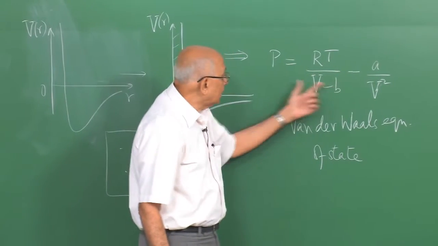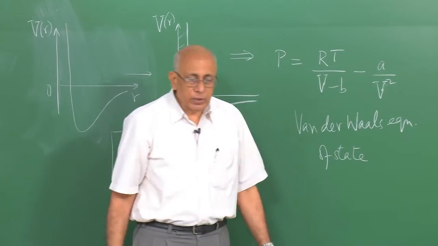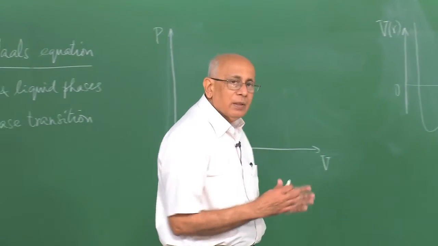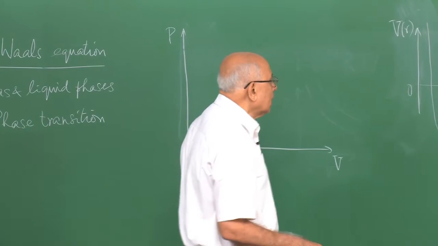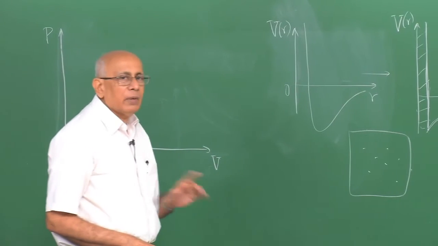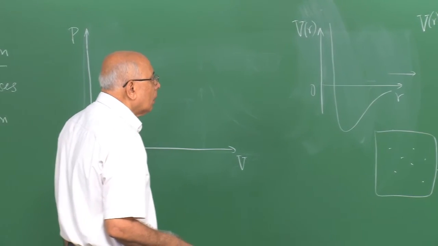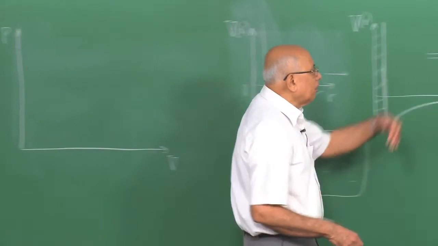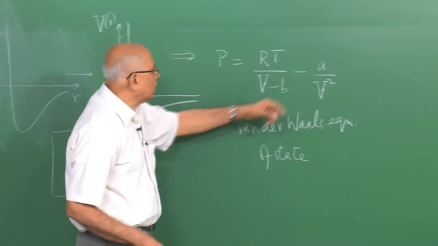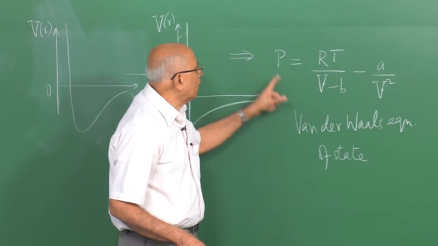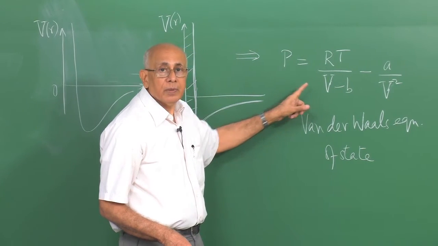Now if you rationalize this, move this to the numerator, you see immediately that there is a cubic equation, the third power of V appears. So the curve is not a very easy curve, not a simple curve, not a hyperbola or anything like that. On the other hand, if you look at very high temperatures and high enough pressures and volumes, then this correction is negligible and essentially you end up with P is RT over V, the ideal gas.